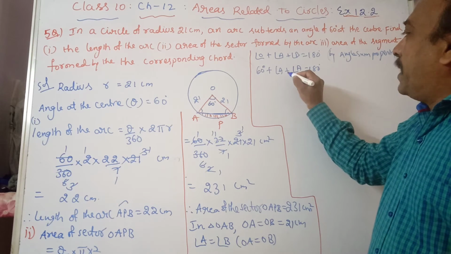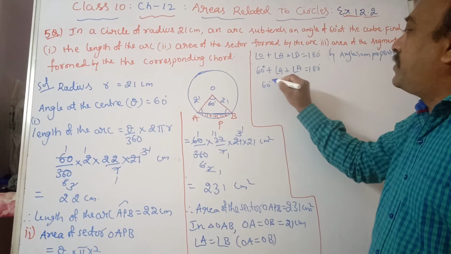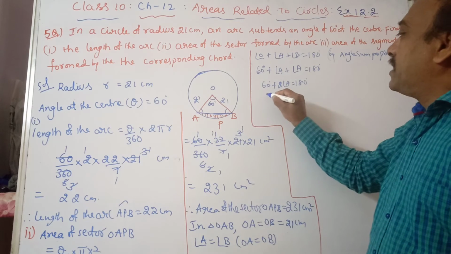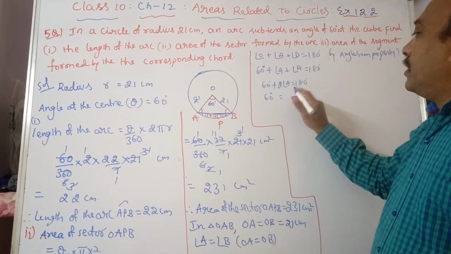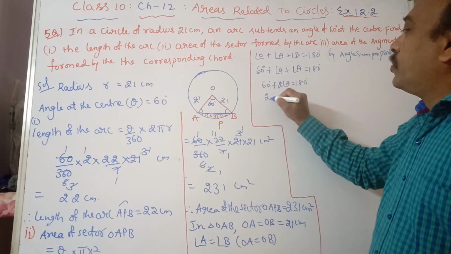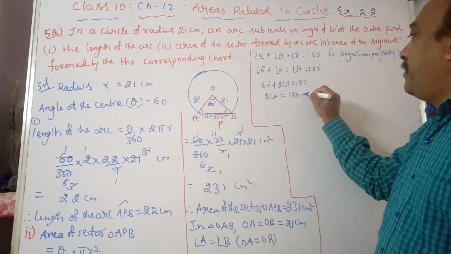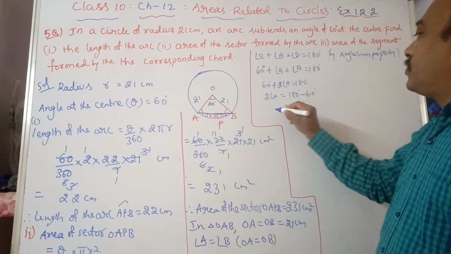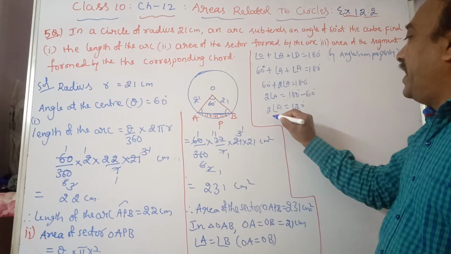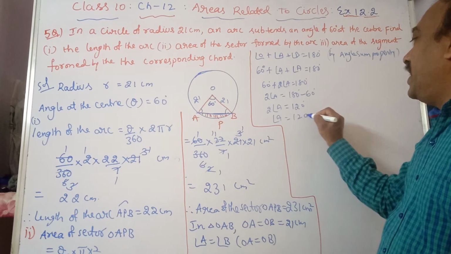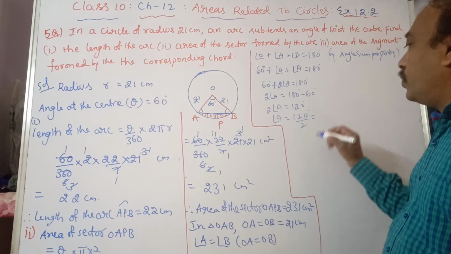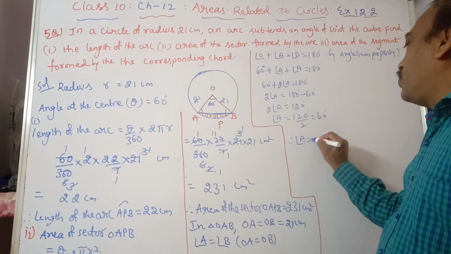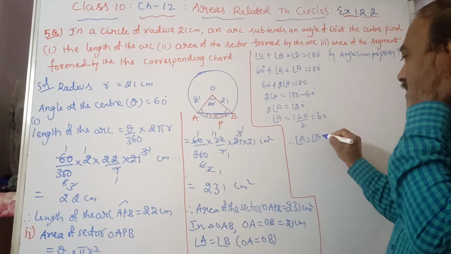So 2 times angle A is equal to 180 minus 60, which is 120 degrees. Then angle A is 120 divided by 2, which gives 60. Therefore angle A is equal to angle B is equal to 60 degrees.